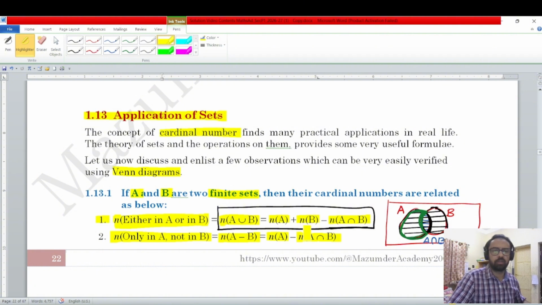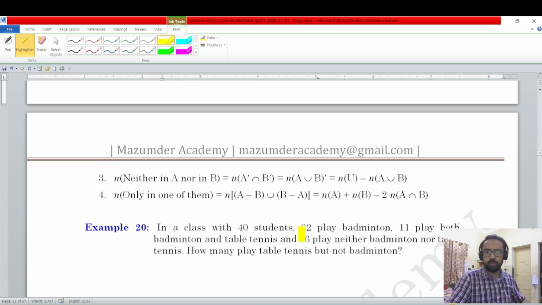Sometimes the question will be asked directly from a Venn diagram, in which case you need not show the calculation. But if the question is given in descriptive terms with more marks, you must explain each and every part clearly, so that you will not lose any marks.